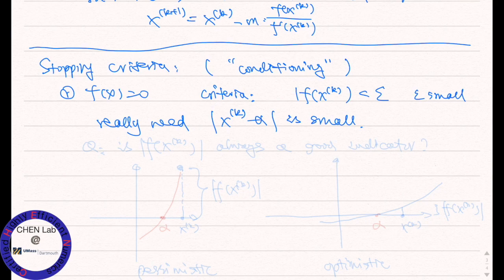So the question is, is f of xk always a good indicator, a quantity that you observe, right?